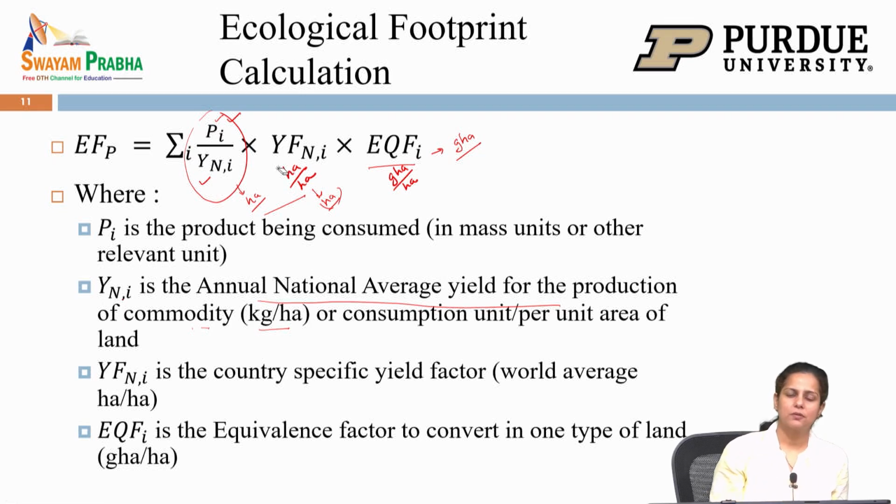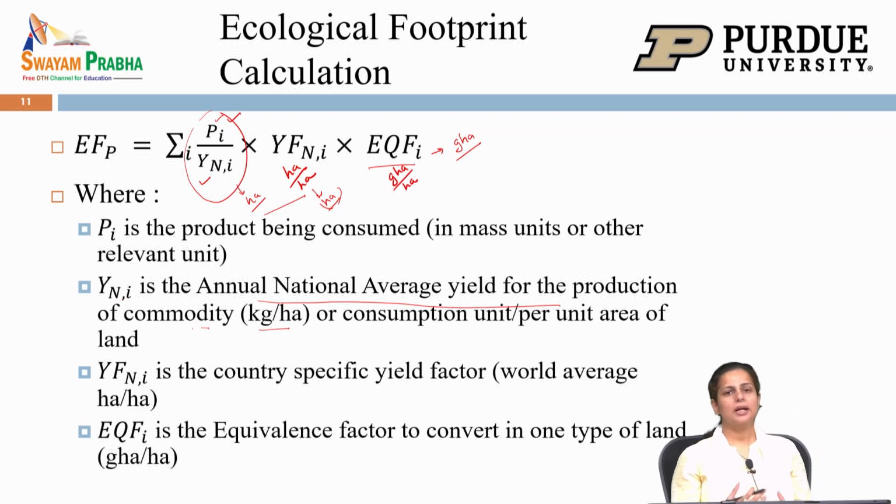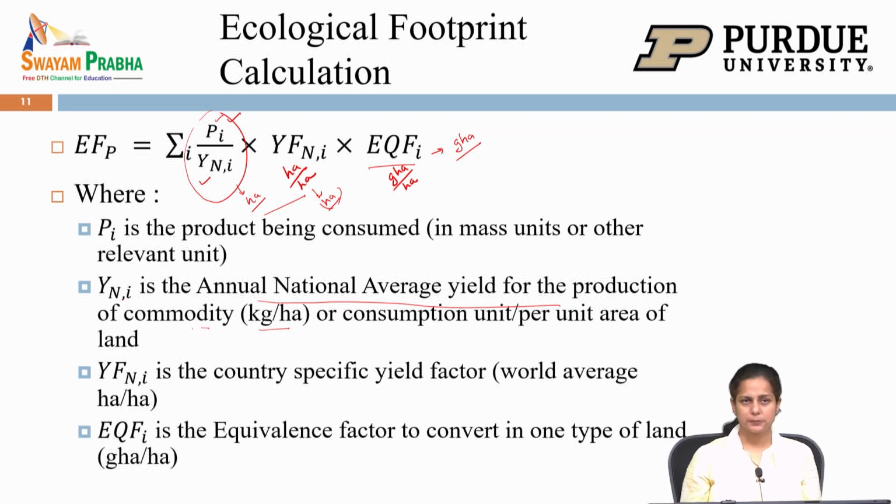Multiplying by the second term, which is the yield factor, tells us how much land on an average world productivity we will need, in that particular category, whether it is cropland or fish land, and then we multiply by the equivalence factor, and then we get how much land is required in terms of global hectares for making that product. So, that is a very straightforward calculation of ecological footprint, and we will see an example of how to do an ecological footprint calculation for products.